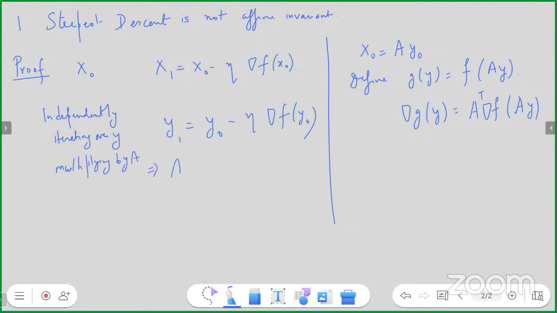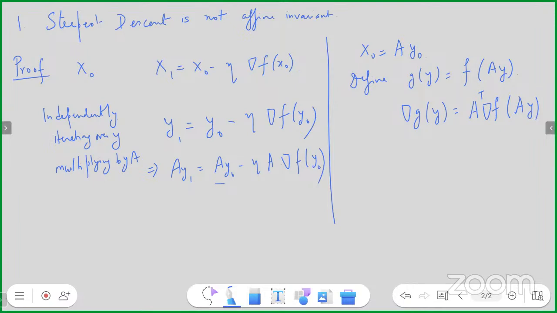We get y1 is equal to y0 minus eta del f of y0. What is this quantity equal to? That's x0. This quantity is equal to x1. By definition, just imagine for the moment, I would have liked this to be equal to this.